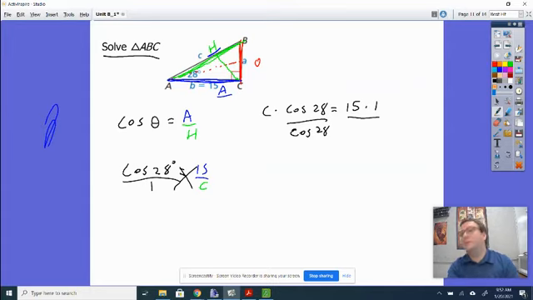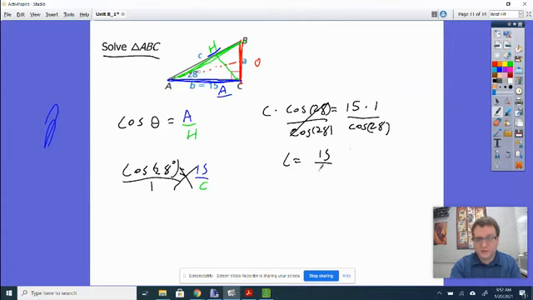It has to be cosine of something, in this case, 28. Let's put parentheses around those so we actually remember that. Good practice. So these will cancel. I'm going to be left with C equals 15, because anything times 1 is just that thing, over cosine of 28. Okay, so again, it's just one extra step. I have to do that cross multiply and then divide, but it's not too bad.